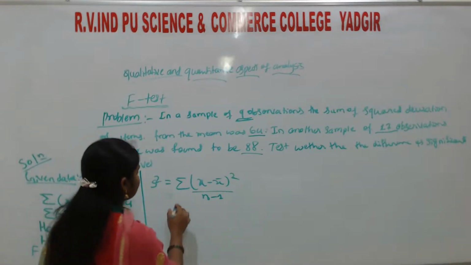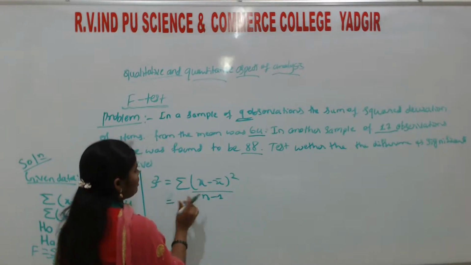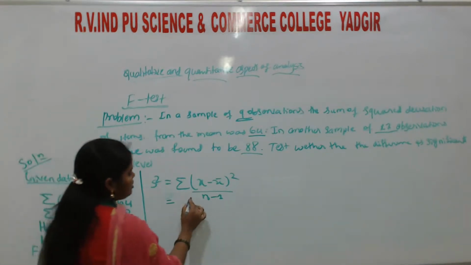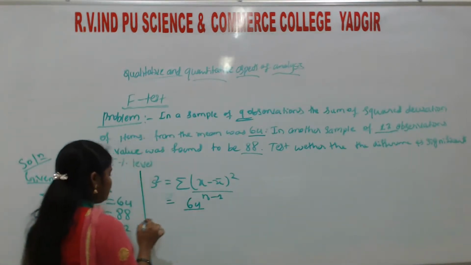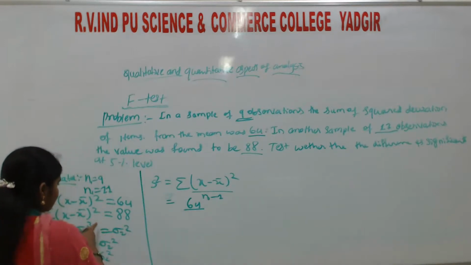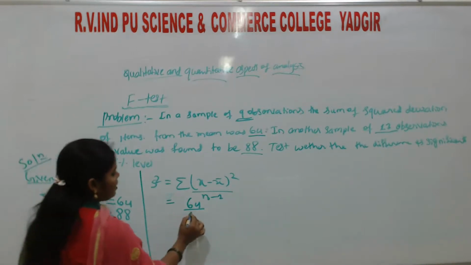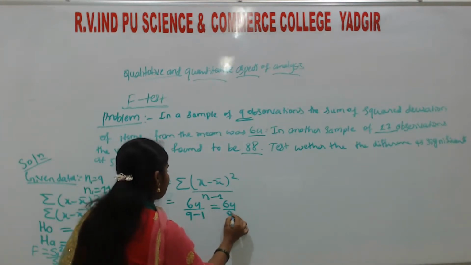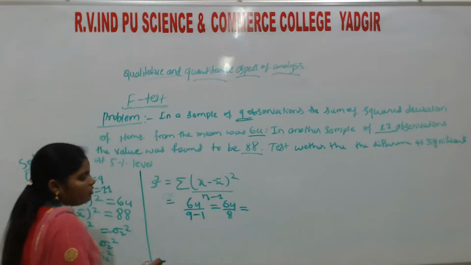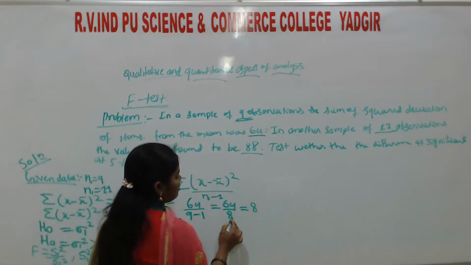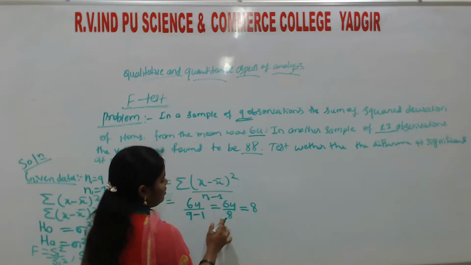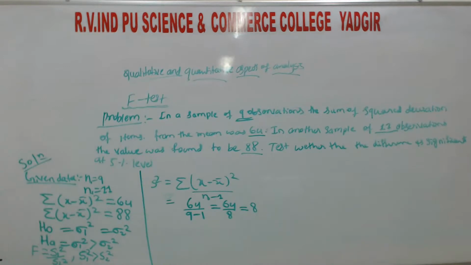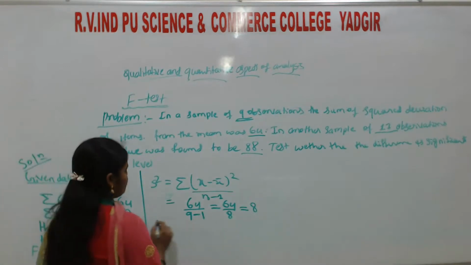This is x minus x bar whole square, that is 64. 64 divided by, here n1 is 9, so 9 minus 1, therefore 64 divided by 8. Here this is equal to 8.